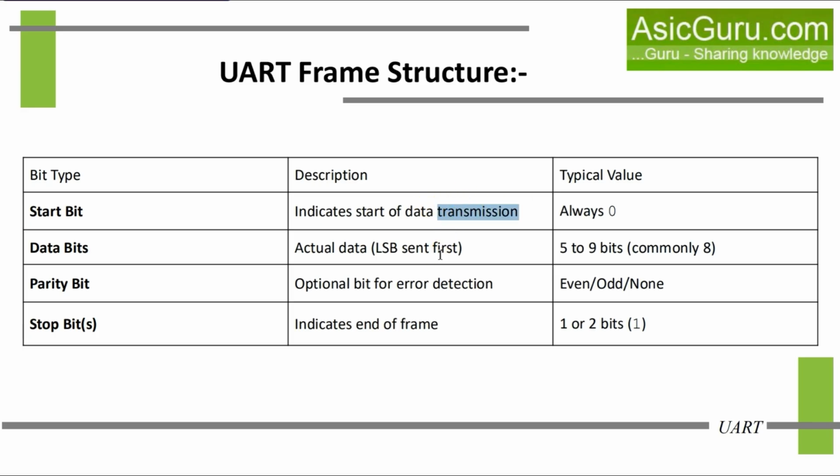Then come data bits, which are 5 to 9 bits, but commonly 8 bits, and in this LSB is sent first. Then comes the parity bit, which is optional and it may be even, odd or none. Then a stop bit comes and it indicates the end of the frame. A stop bit may be 1 or 2 bits. This framing ensures the receiver correctly identifies where each byte starts and ends.